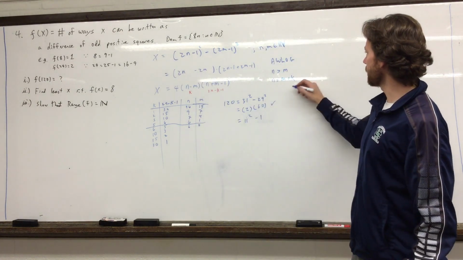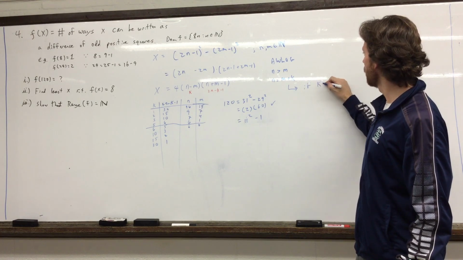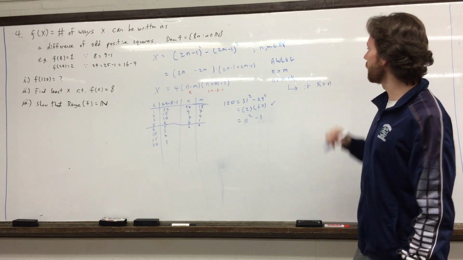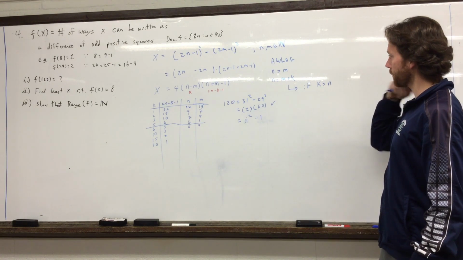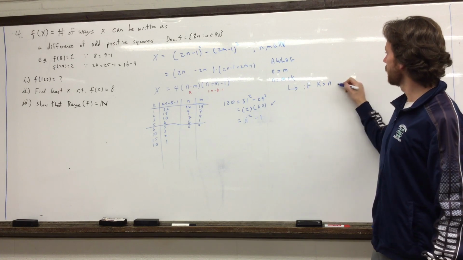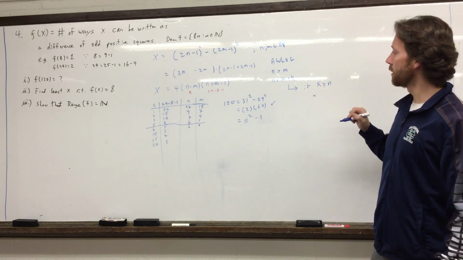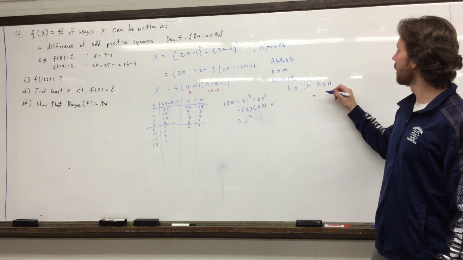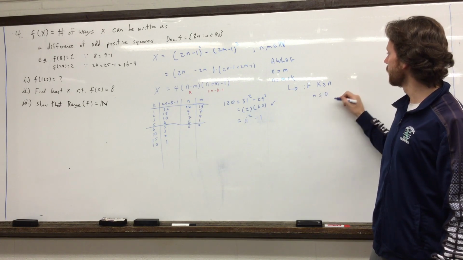So when you think about this, maybe I should have written this down already. If k is bigger than n, even bigger than or equal to, then m is going to be less than or equal to 0.